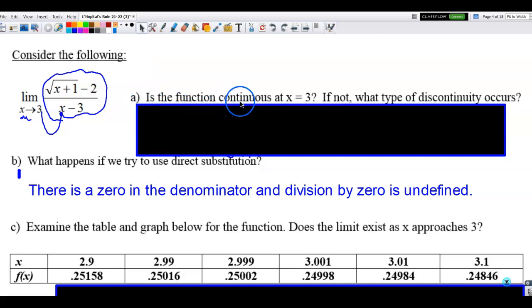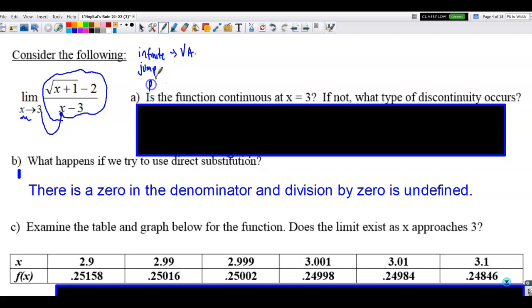We already know that. What kind of discontinuity would this be? Well, the kinds of discontinuities that we could encounter are an infinite discontinuity, which graphically manifests itself as a vertical asymptote. We could have a jump discontinuity, which manifests itself as a jump.